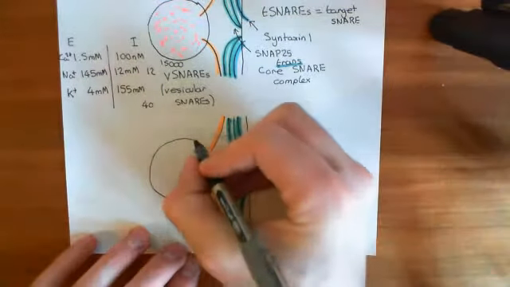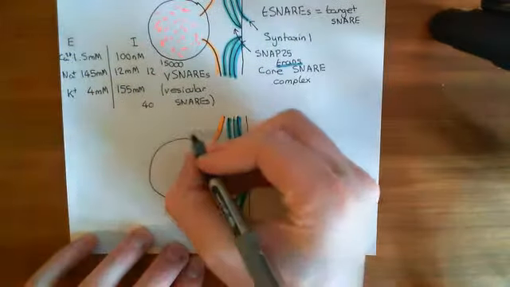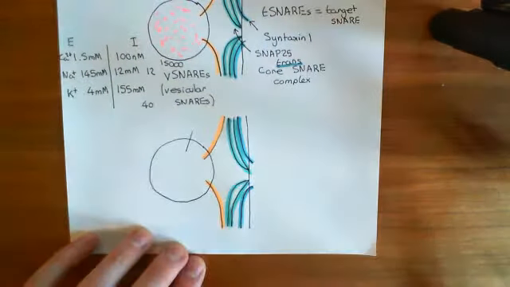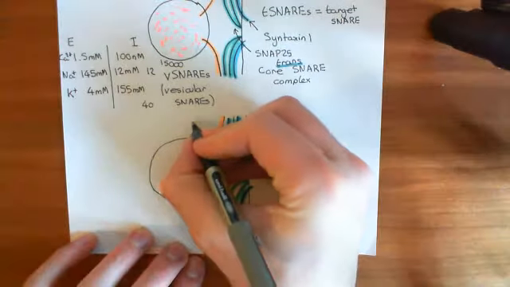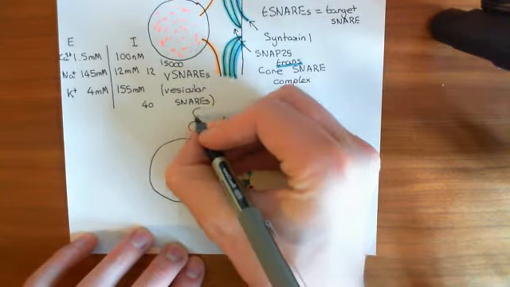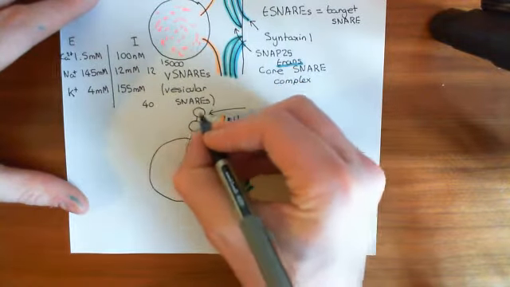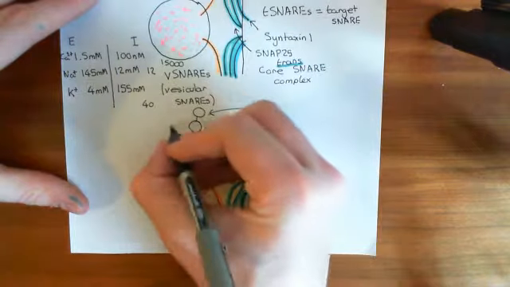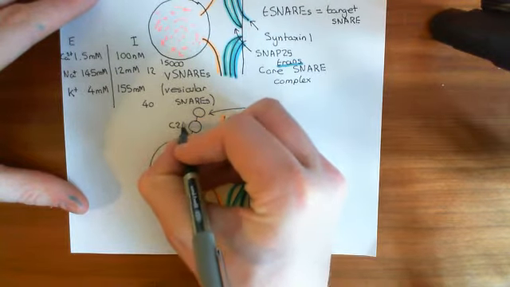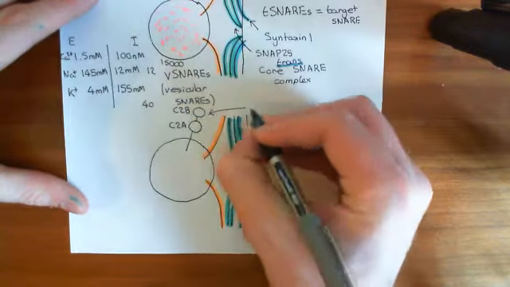Now, in the membrane of the vesicle, you also have a protein known as Synaptotagmin, and it's usually Synaptotagmin 1. I'll draw Synaptotagmin like this. Synaptotagmin has two special domains, which are C2 domains. This is the C2a domain, and this is the C2b domain.